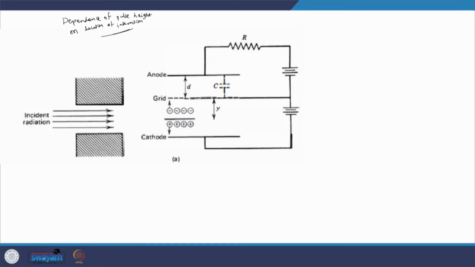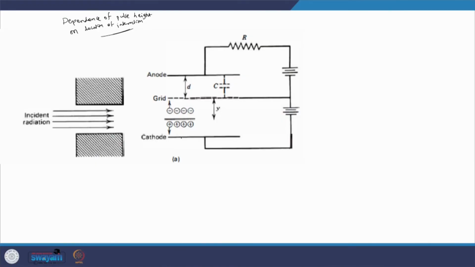So, depending on the location of interaction, if the pulse height changes, then the energy measurement will be difficult. For a given energy, pulse height is different. Two particles of the same energies will give two different pulse heights in the case of a parallel plate ionization chamber. But in this particular case, we want the energy to be the same as the original.